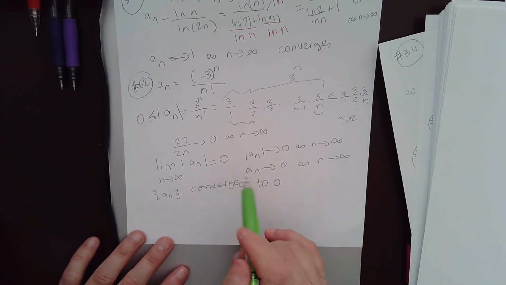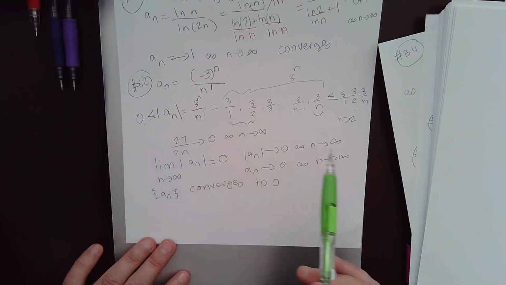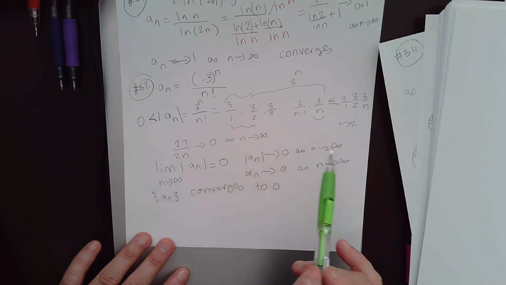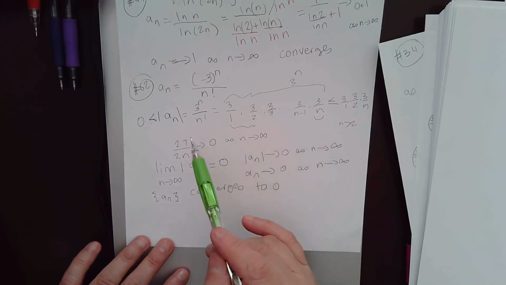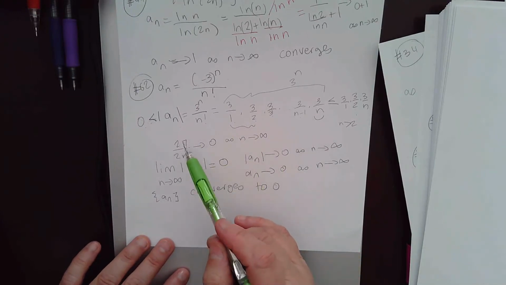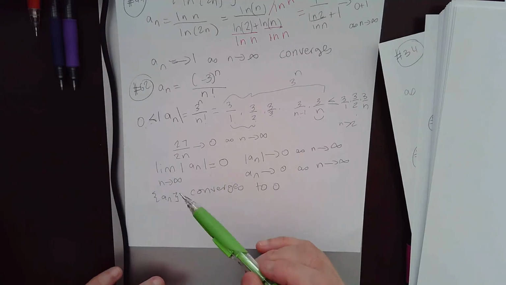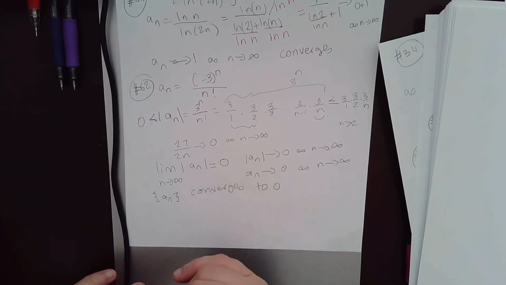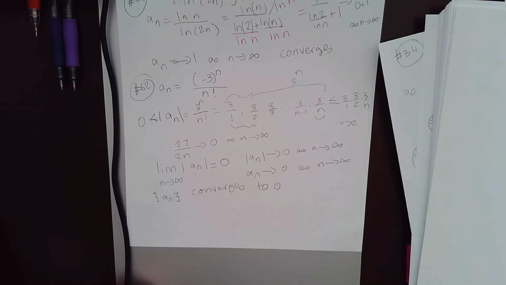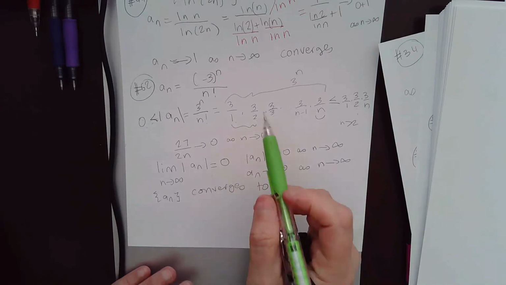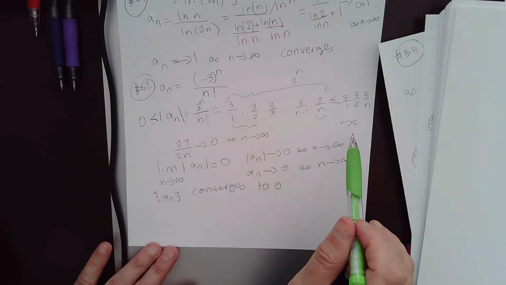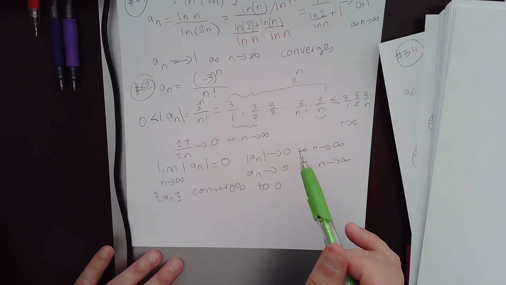So this is a little bit tough to go over. You have to think about ways to figure out if the sequence converges or diverges. The Squeeze Theorem definitely worked out.